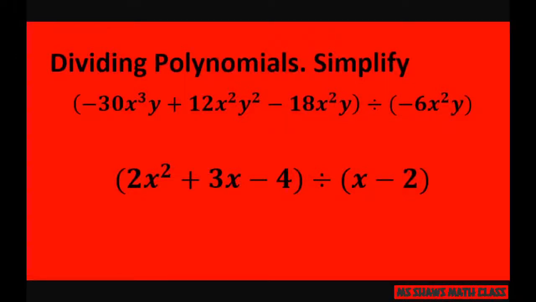One. We're going to divide polynomials and simplify. We have two different types of problems for our polynomials. So for the first one, we're dividing by negative 6x squared y.